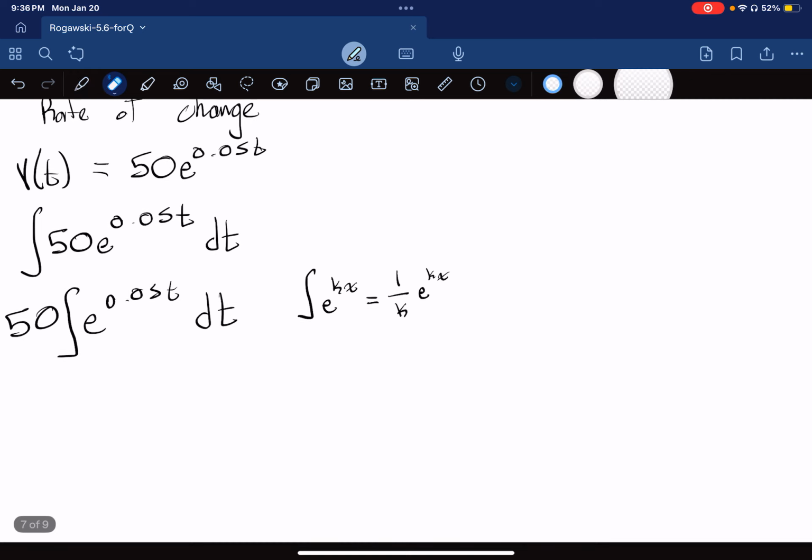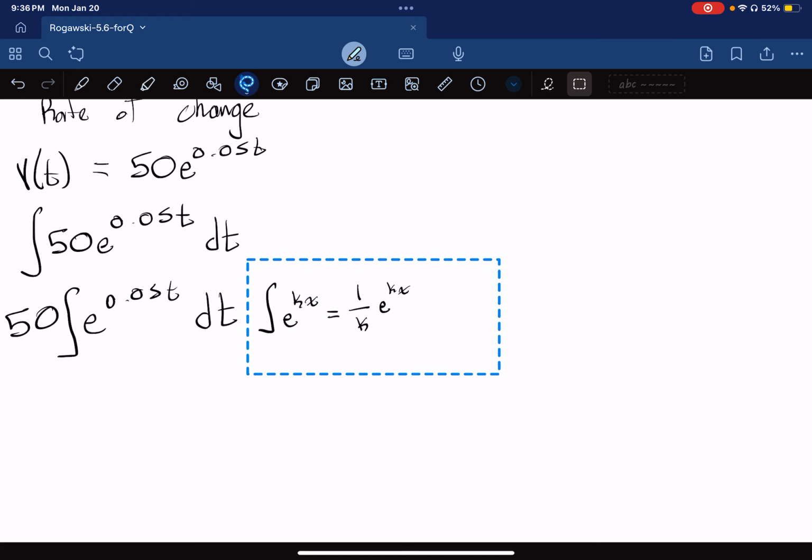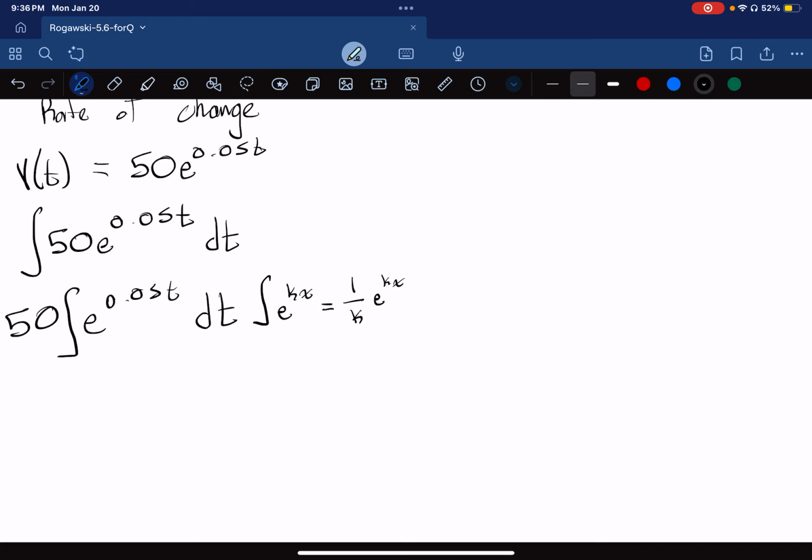So I would recommend everybody memorize this, but for the time being, we are simply going to take the integral of this exponential. So we're going to have 50 times.